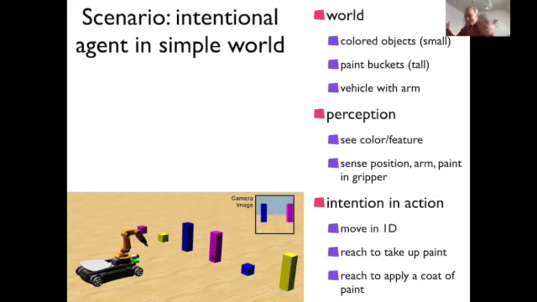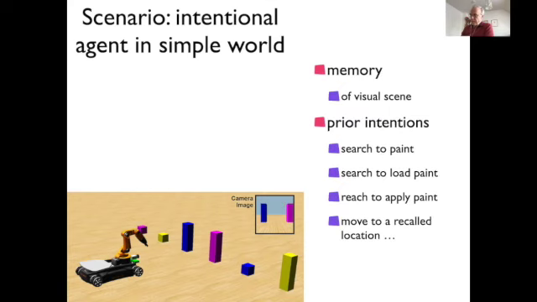But for some reason, initially we set it that way and then we didn't change. So it's a little bit counterintuitive that the paint buckets are the big things and the canvases are the small things. The perceptual system consists of a simulated camera, and in that camera it extracts color as a feature and the height of the object as a feature. There's a simple filter for doing that. So that's the scenario.